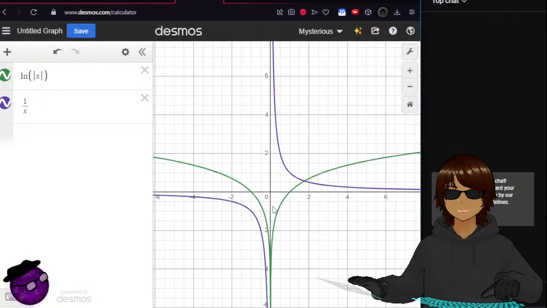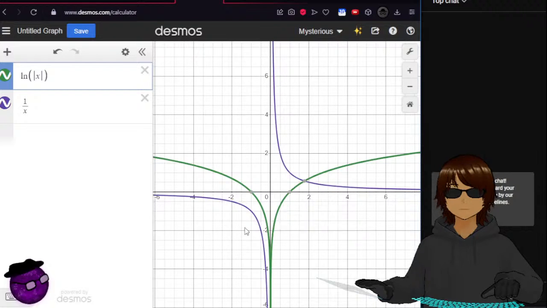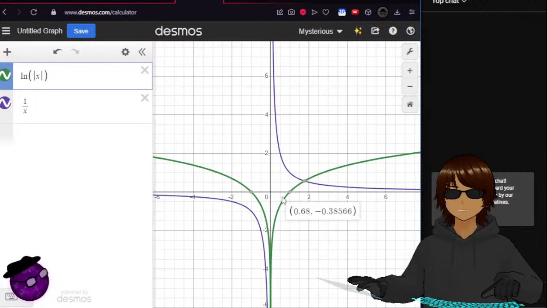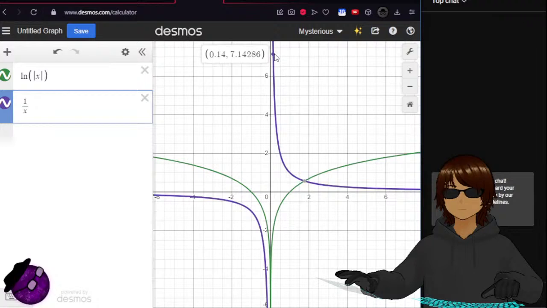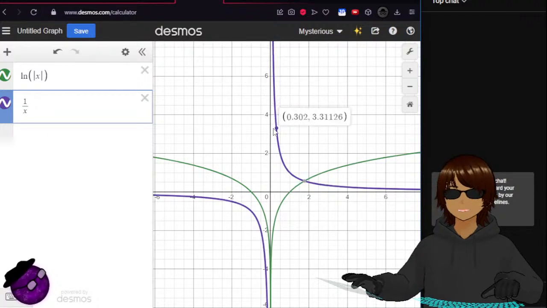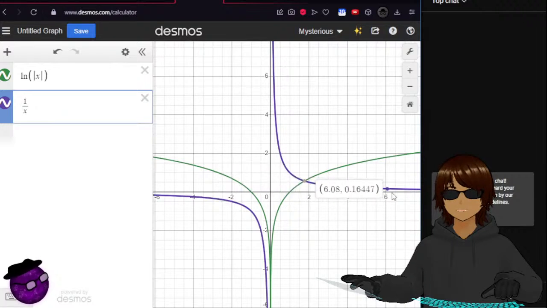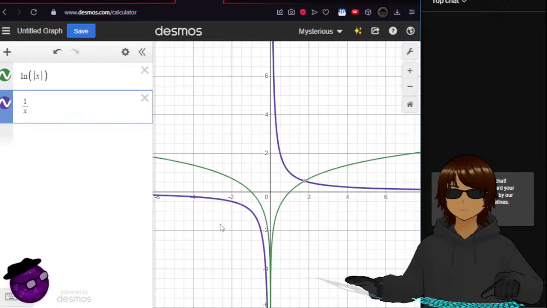Over here, the derivative is very steep, a steep positive number, and then the gradient gets flatter and flatter, but never zero. It's a very high number because it's very steep, and then it gets less and less steep, but it's never zero.